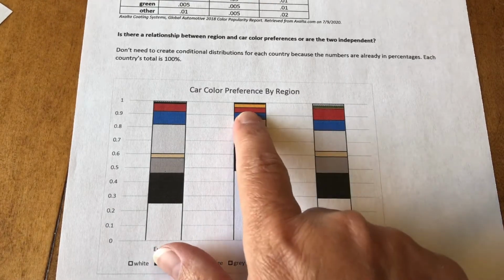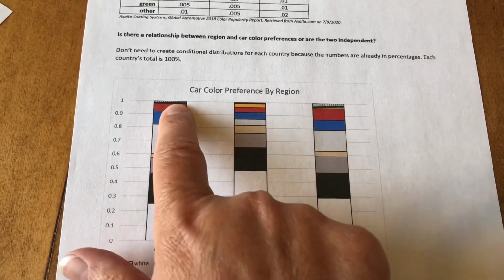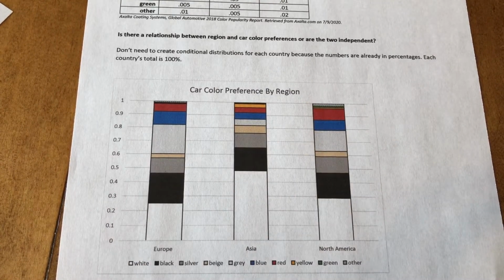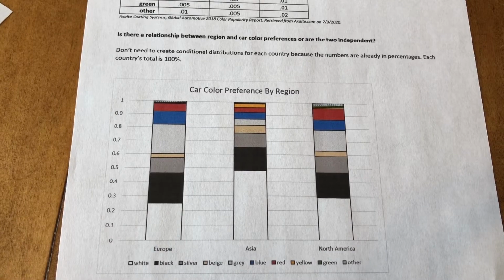I mean, this guy's got yellow, and I can barely, oh, there's a little bit of yellow. I can barely see yellow there, okay? So since the distributions of car colors are different for the 3 regions, we have evidence that car color and region are not independent. They're dependent. There is a relationship or an association. Okay, so depending on where you live, it's probably going to impact the color car you have. Who knows? Okay, but there is a relationship between region and car color.